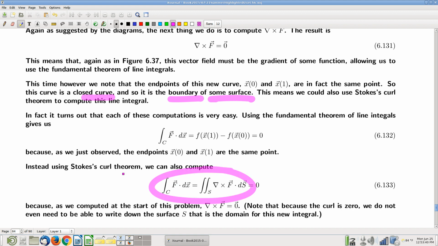Now, another complication. No, I don't know what the surface is. I don't know how to parameterize that surface. I don't even know how to visualize that surface. Right? But I don't have to, because the curl being 0, I'm doing a surface integral of 0, and that is easily computed to be 0. So you get a nice, easy answer either way, as it turns out.